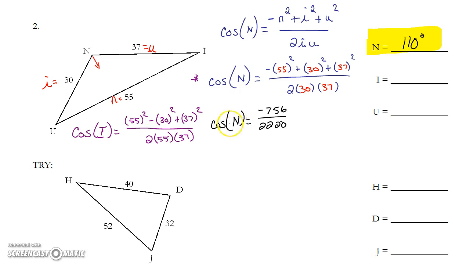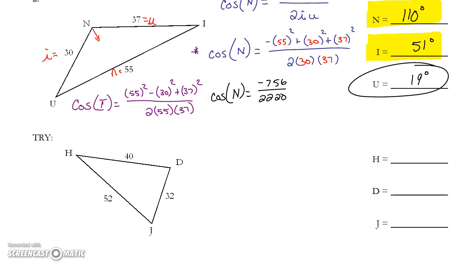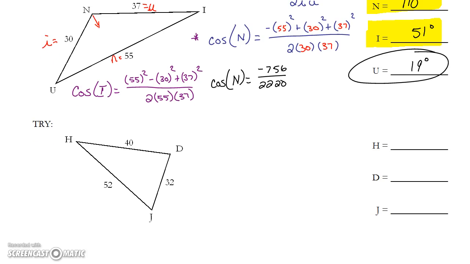Go through the same process to get your calculator set up. Use your inverse cosine function, and we should find that we get an angle measure of 51 degrees. Once we get that second angle measure, we can finally find our third angle using the triangle sum theorem. So 180 minus the 110 minus the 51 should give us an angle measure of 19 degrees for angle U. This last example here is set up in a very similar way.